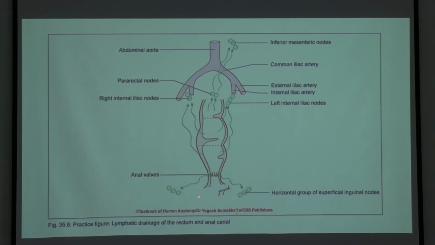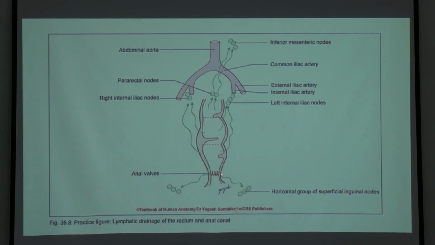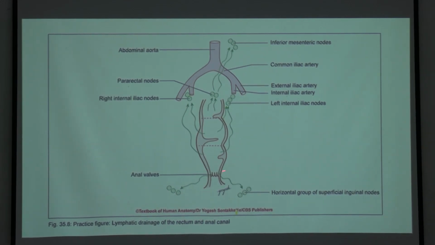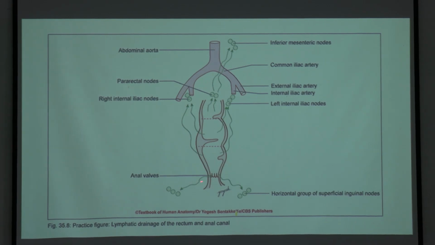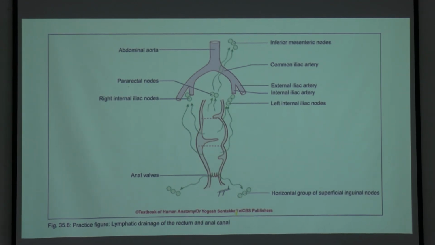And from the lower part, this is the important part. In the anal canal, there is this line called the dentate line. Above the dentate line, it will go to the internal iliac nodes, and below the dentate line, it will enter into the inguinal lymph nodes.